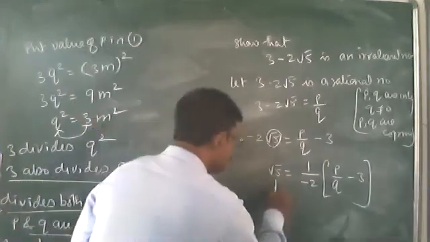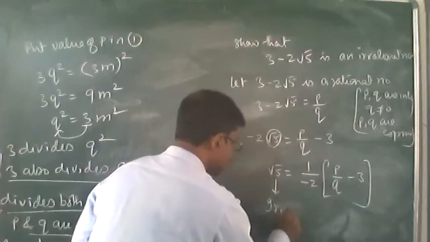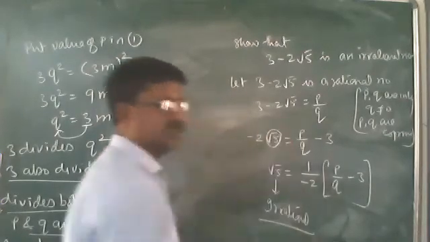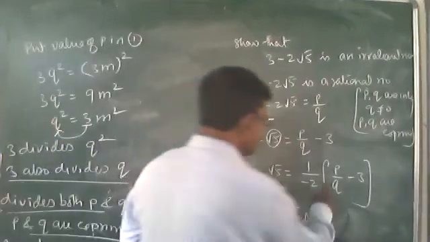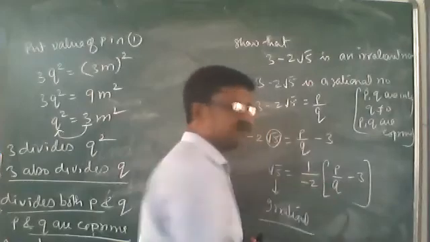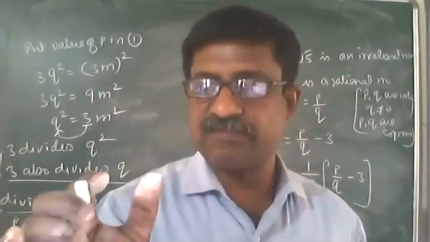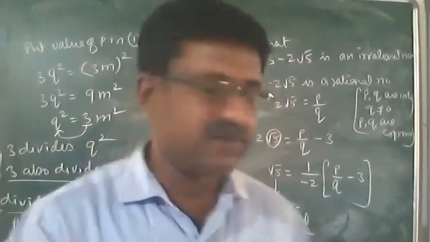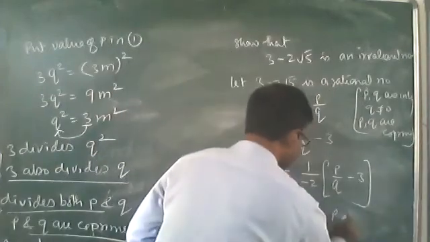We know that root 5 is irrational. Already we have shown that values inside the radical sign are irrational. On the other side we are not getting any root. This is a rational number, this is a rational number, and we know that differences and products of rational numbers are rational numbers. Therefore, the right hand side is rational.